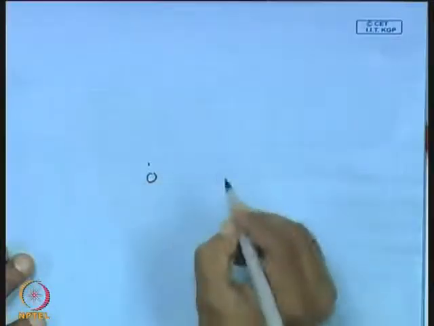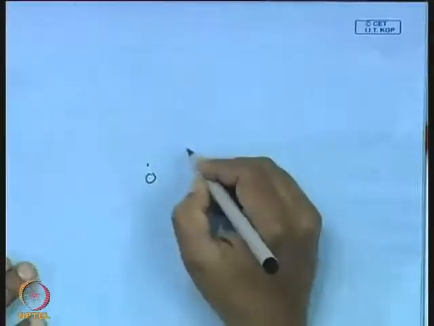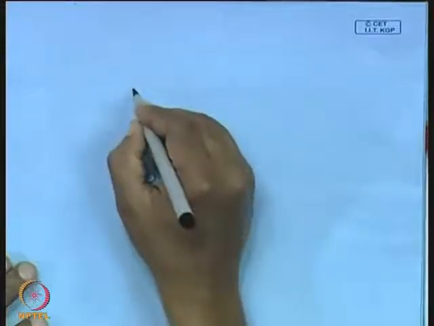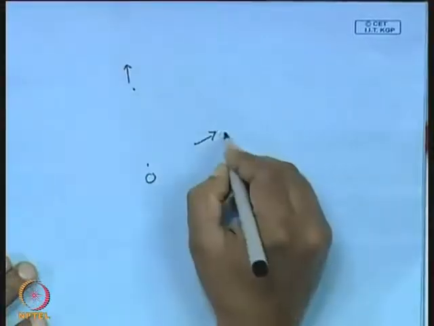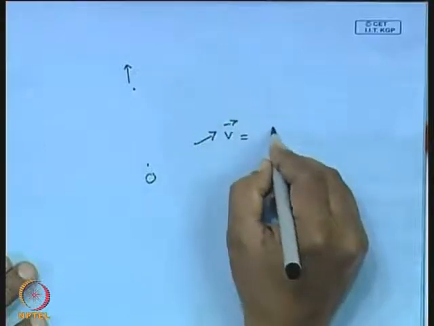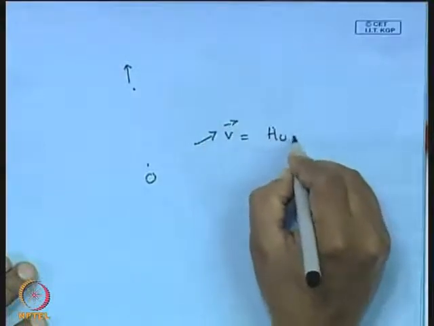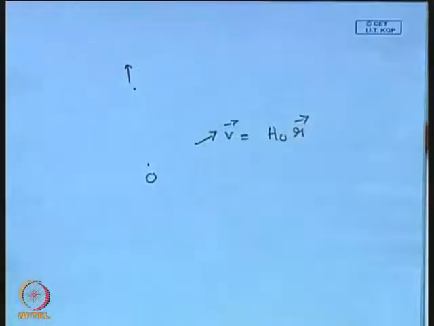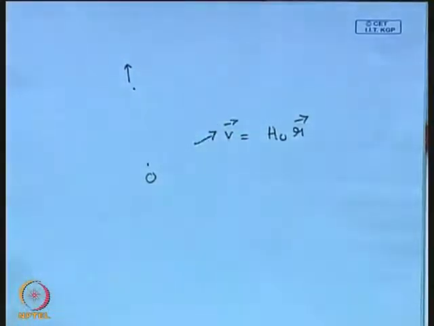In the picture that we have learned, the observer here and this observer will see that all the galaxies are moving away with a velocity which is proportional to the distance, and this velocity in the nearby universe can be interpreted as the redshift. If you look at the entire picture, then it is better to interpret it in terms of the scale factor, but in the nearby universe this is fine.